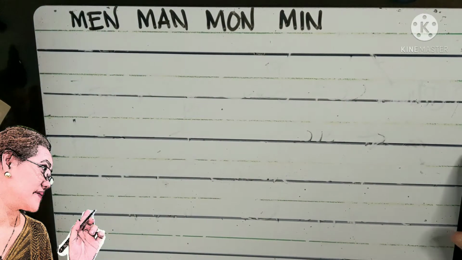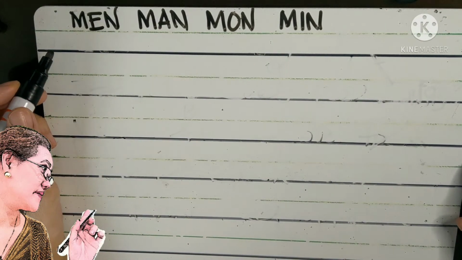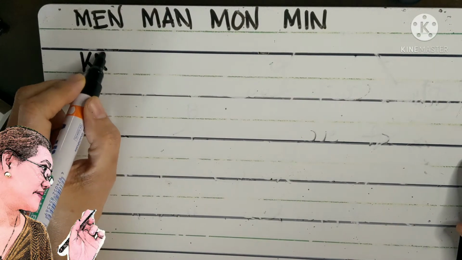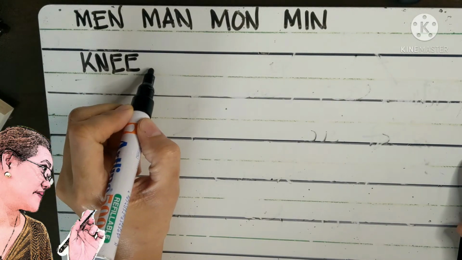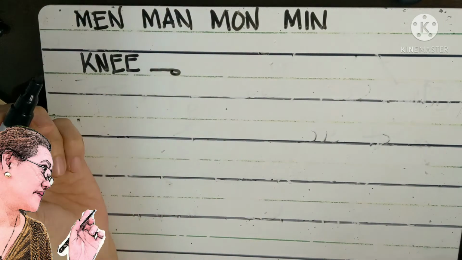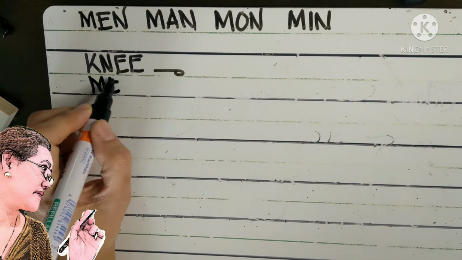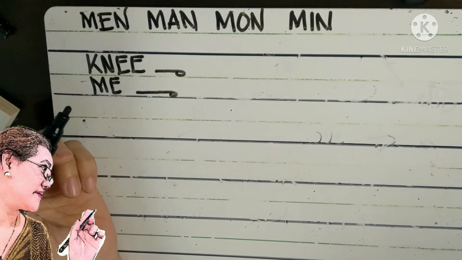Okay, so let us observe the difference. That is letter N and letter E for the sound of me, that is M-E.